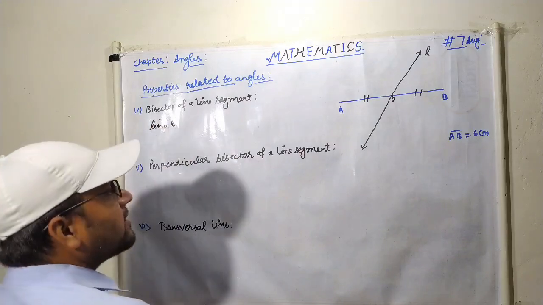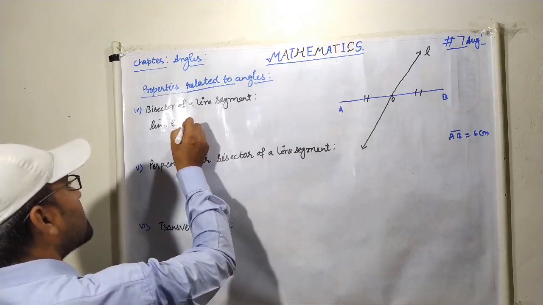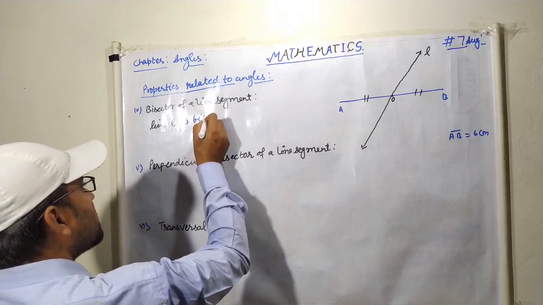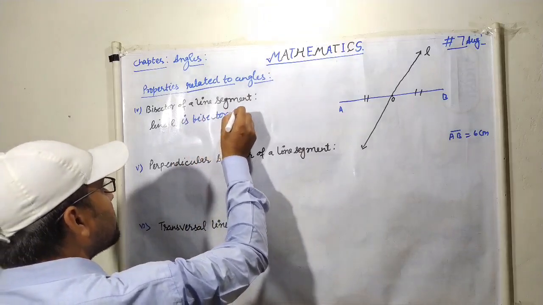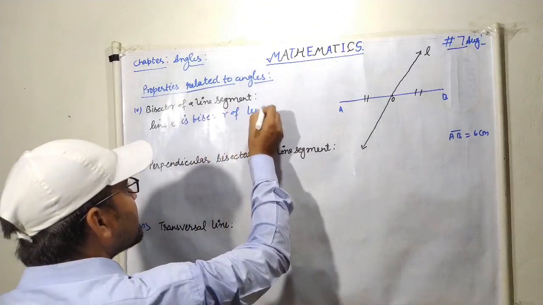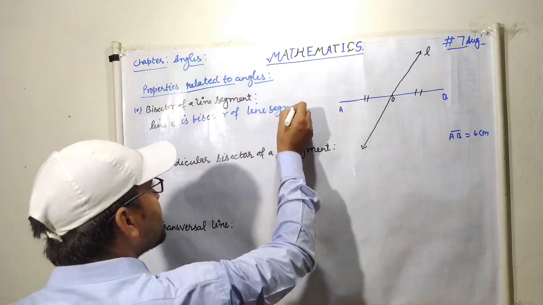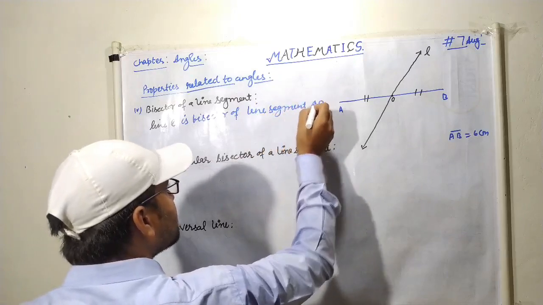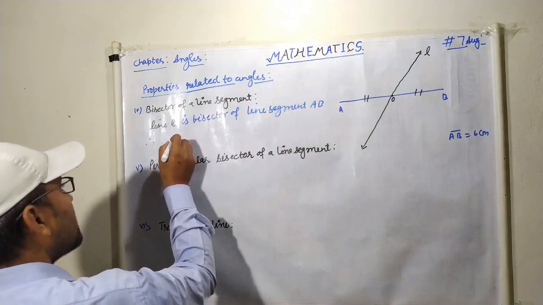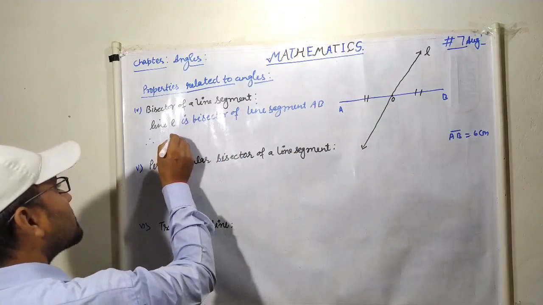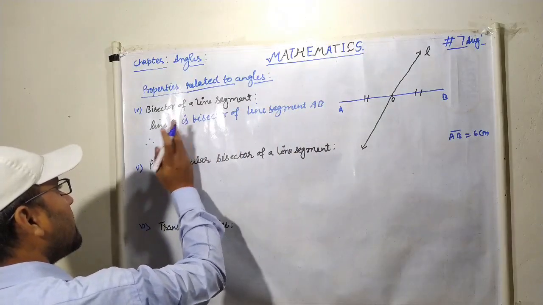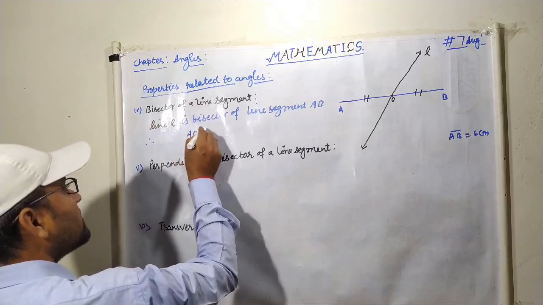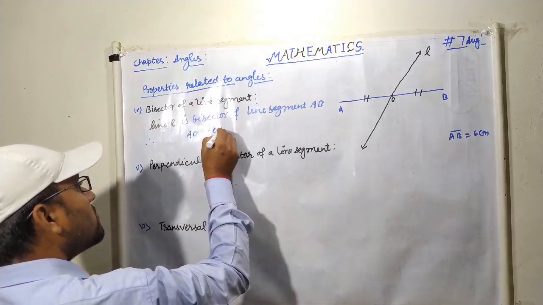So line L is a bisector of line segment AB, which means it divides it into two equal parts. AO is equal to OB.